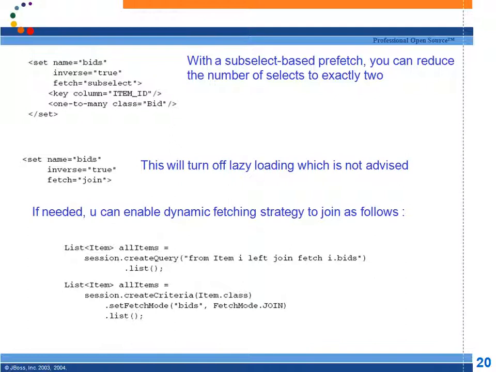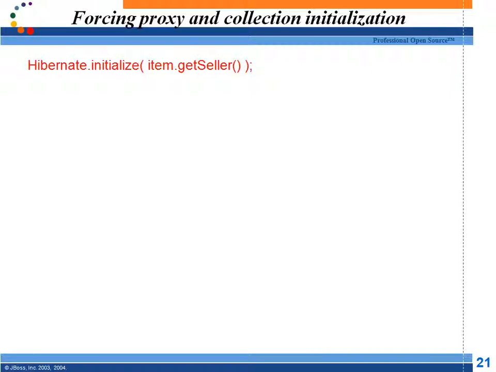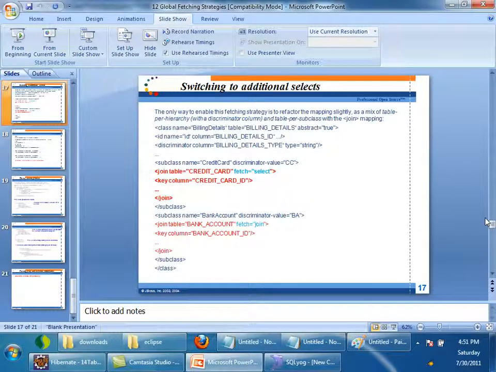If I write it in XML, it will be applicable for everyone. But if you write it in a query, it is applicable only for that particular query. So instead of configuring fetch equals join in XML, you can always write it inside a query, right? These are the various fetching strategies, and you know that Hibernate will explicitly initialize them.